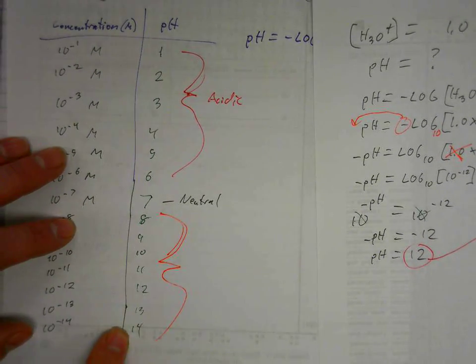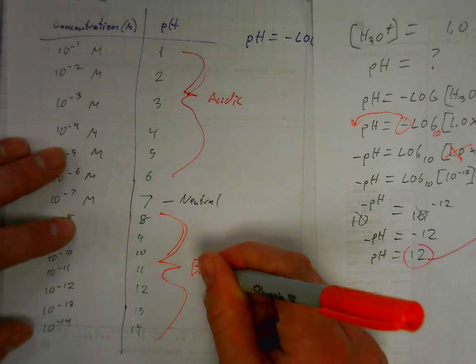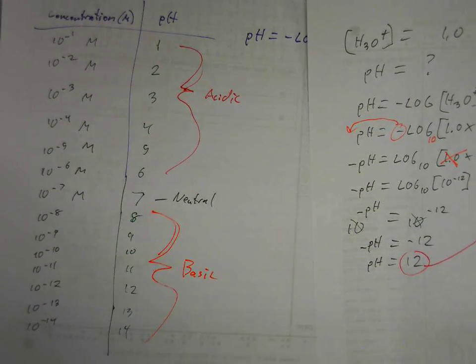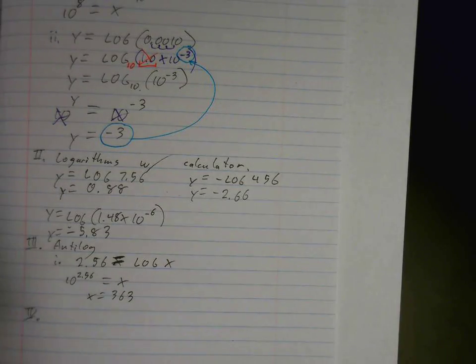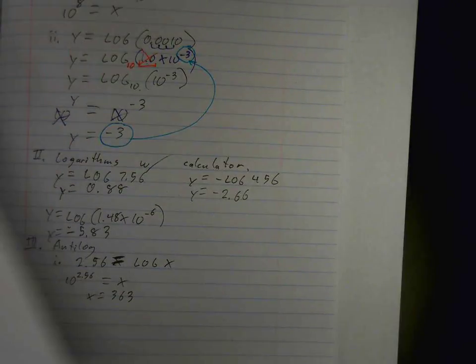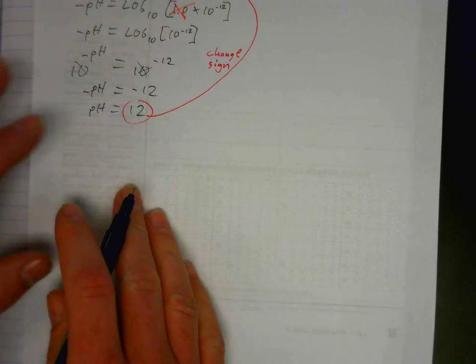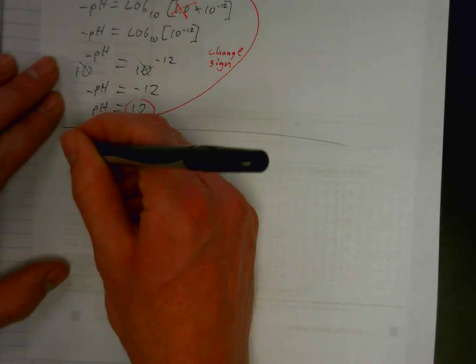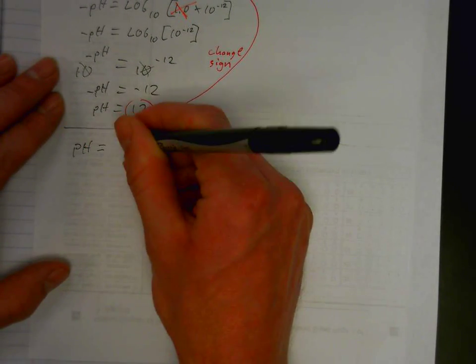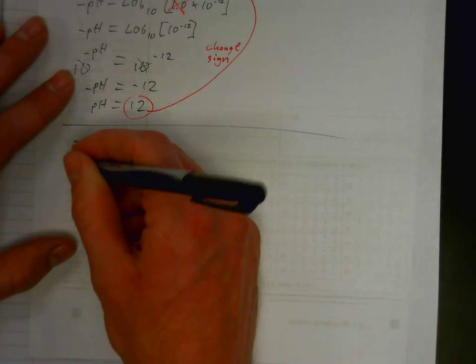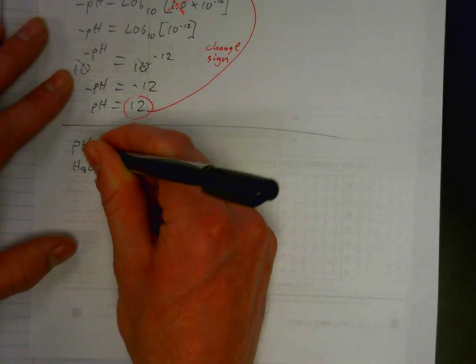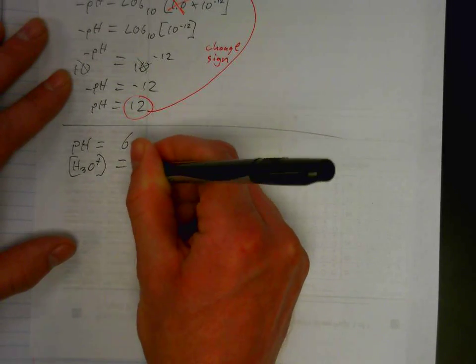Now we can change up these problems a little bit as well. So maybe we might do a problem like this. If the pH is 6, what is the hydronium concentration? So in this case, we're just working in reverse.